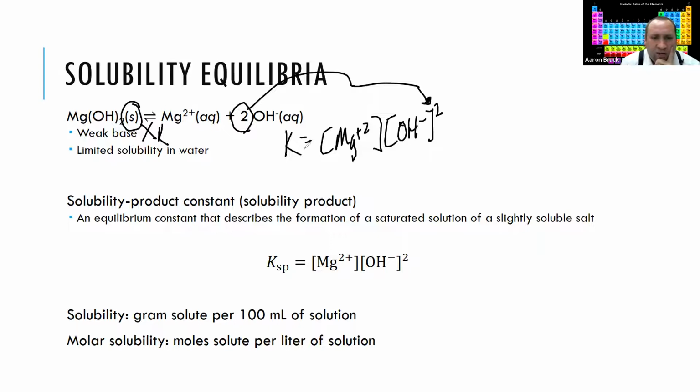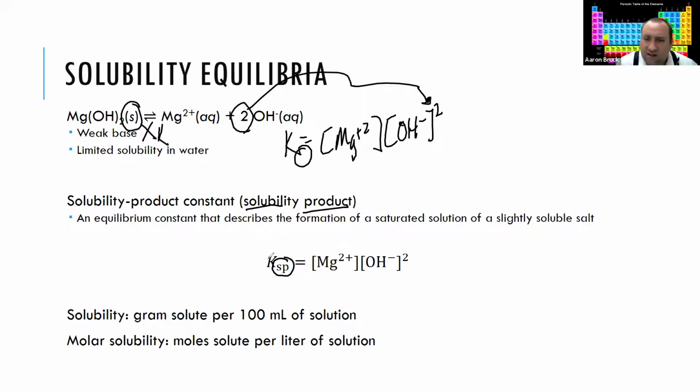And so all that we've done is we've changed the subscript here, KSP, since we're now talking about a solid product, a solubility. So KSP, SP standing for the solubility product, K being the constant.